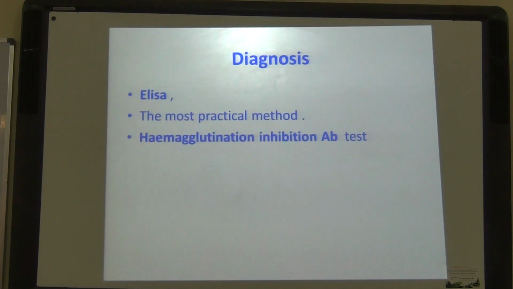If the serum has antibody, it caps the hemagglutinins, and it is this test which is diagnostic for those viruses which have hemagglutinins on their surface, like measles virus.